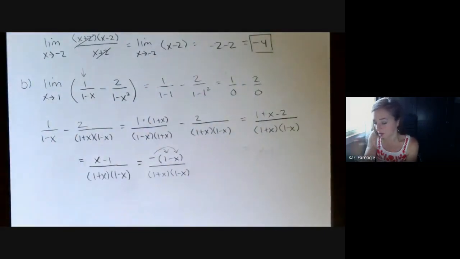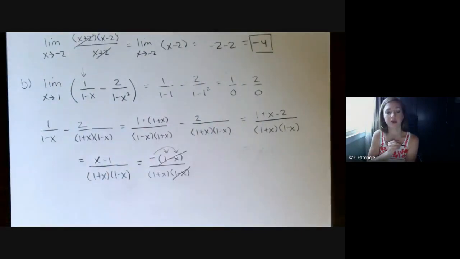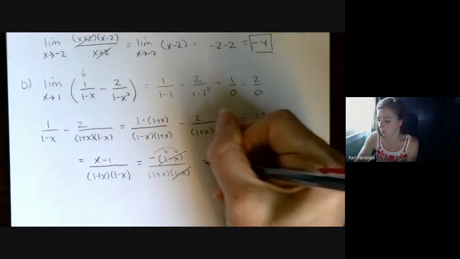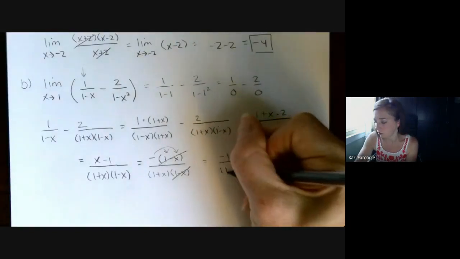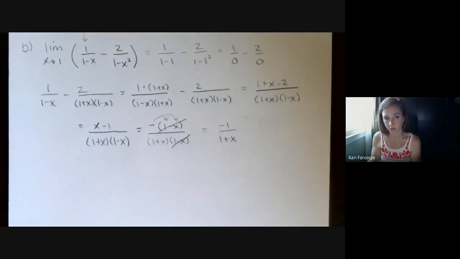Don't multiply it back in, though, because the whole point was that you wanted to cancel out these common factors. And you end up rewriting this expression as -1 over 1 plus x. Now, there's no way that that could give you an indeterminate form. It's one fraction, and it's got a constant in the numerator.